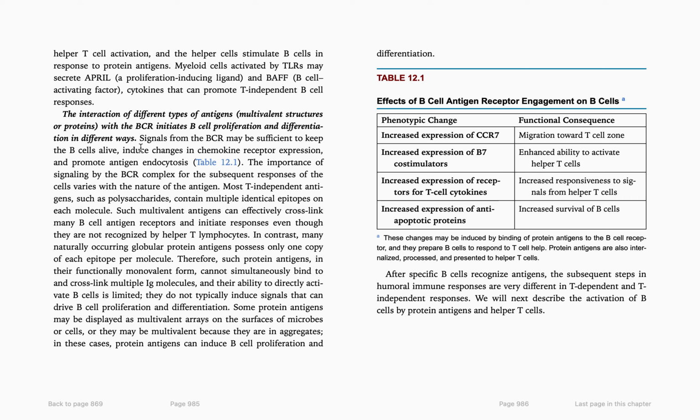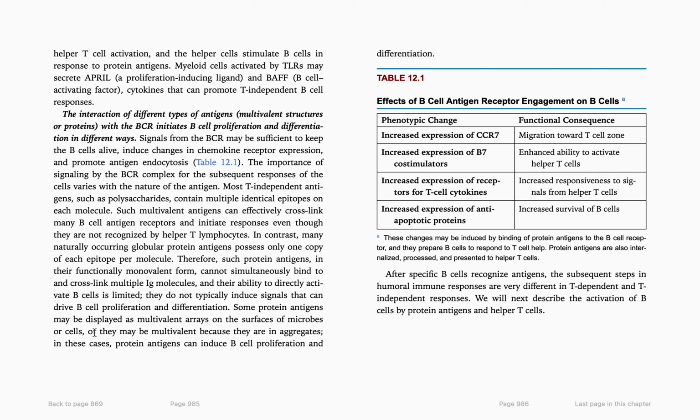Therefore, such protein antigens, in their functionally monovalent form, cannot simultaneously bind to and cross-link multiple Ig molecules, and their ability to directly activate B cells is limited. They do not typically induce signals that can drive B cell proliferation and differentiation.